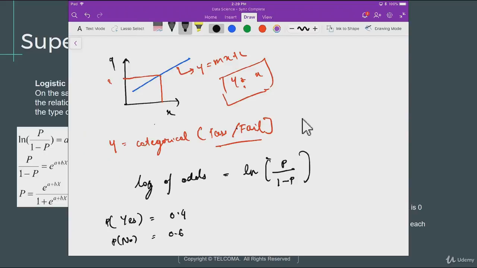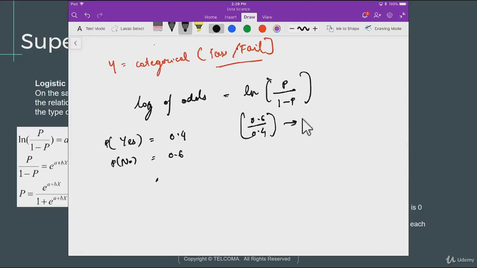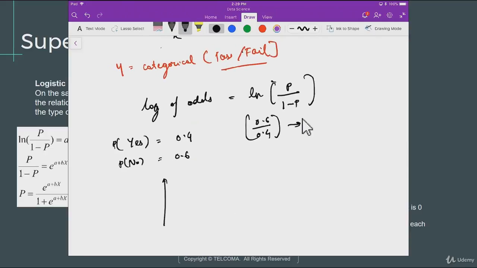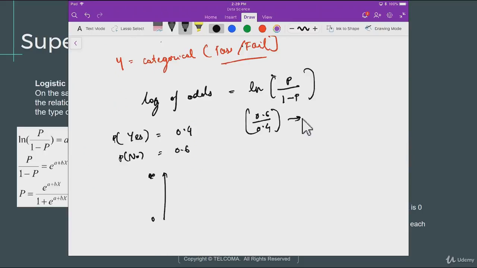Now if you put this in the equation, we'll say it is 0.6 divided by 0.4, and you have a finite positive number, right? So if you plug this into this equation, you'll say that, okay, y can be determined as a simple finite number, which is between, let's say, 0 and some finite number, right? Let's put it as n. And then we have x over here, which could be your number of hours. So you kind of solve the problem of categorical variables.